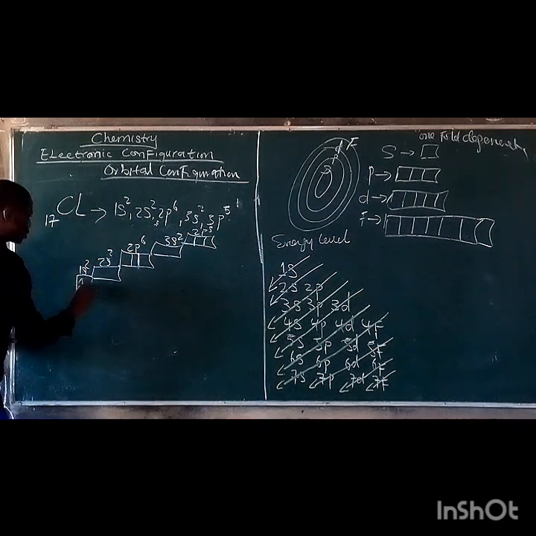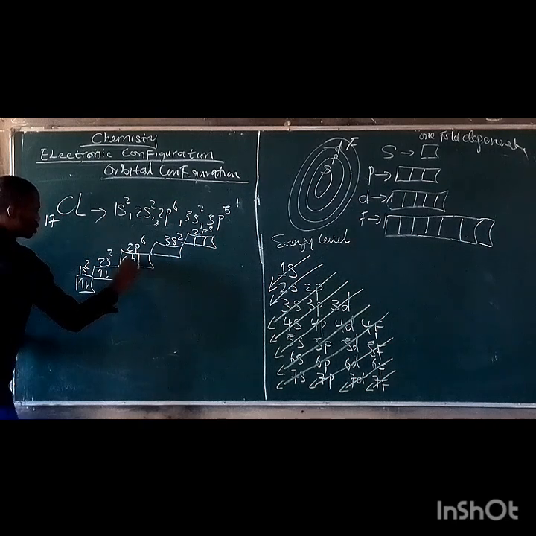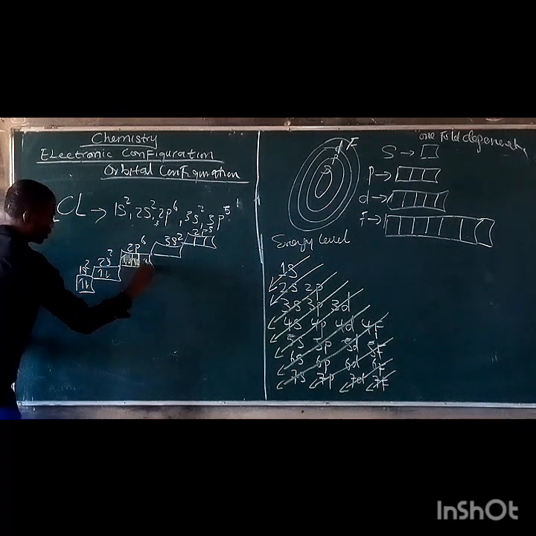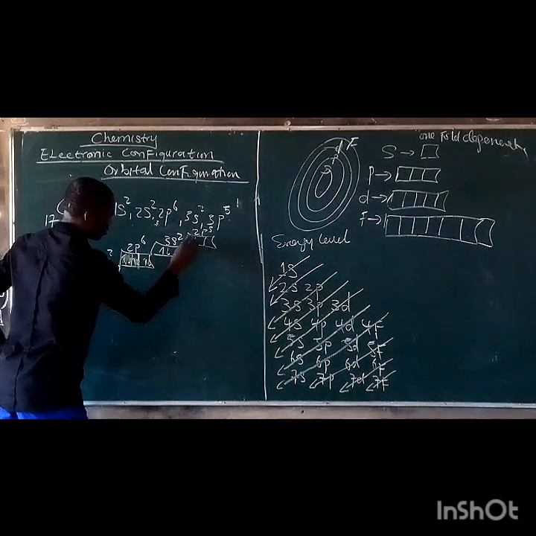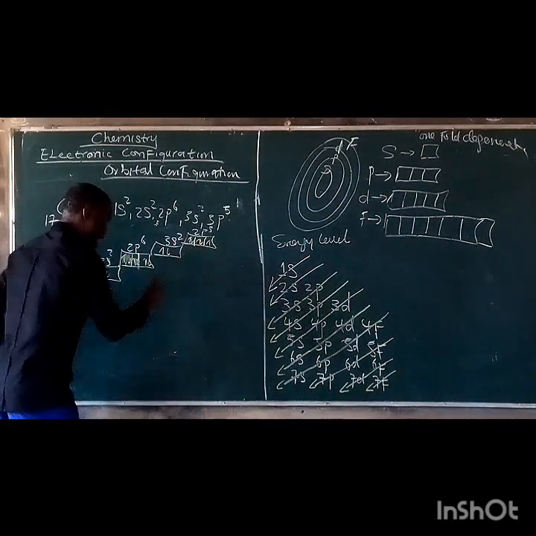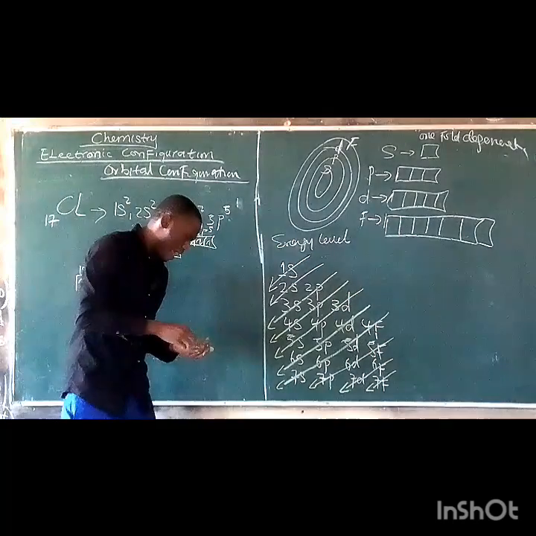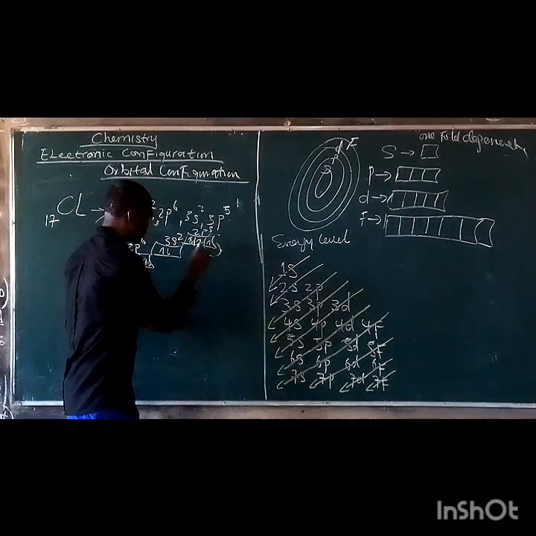We have 1, 2, 1, 2, 1, 2, 3, 1, 2, 1, 2, 3, 1, 2, 3. Singly before pairing. 1, 2, 1, 2, 3, 4, 5. Now, there is an unpaired electron. Look at this, please.